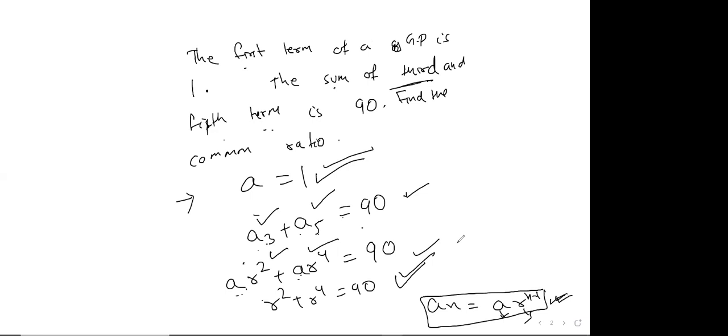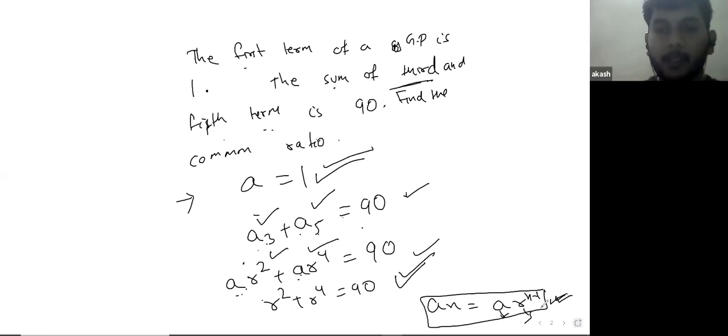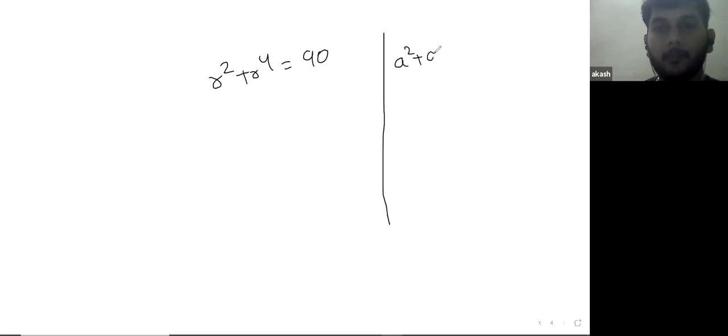Done, sir. Okay, so moving forward, Mohammed, you said r square plus r raised to the 4 will be added. Is this a cube? Did I write this down correctly or incorrectly?